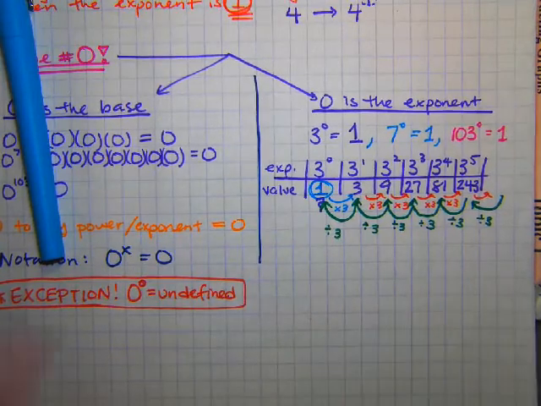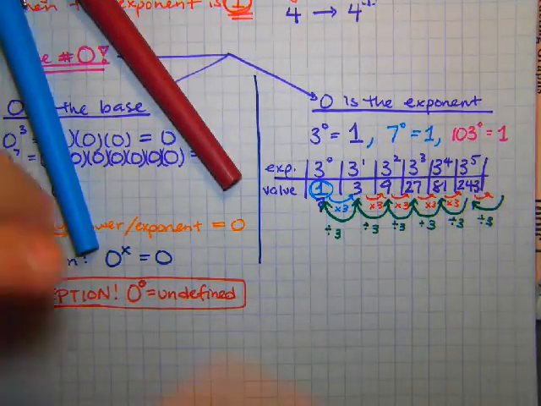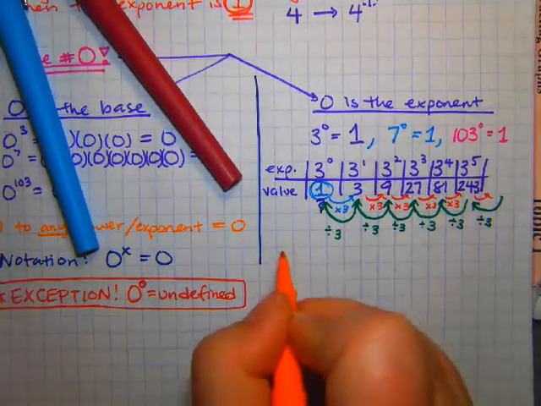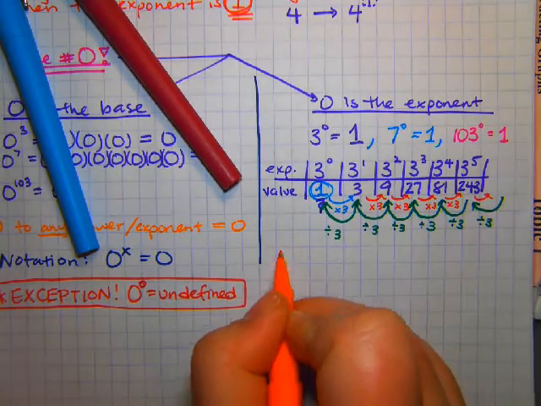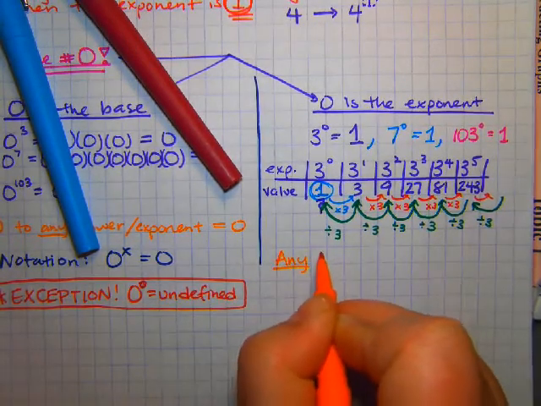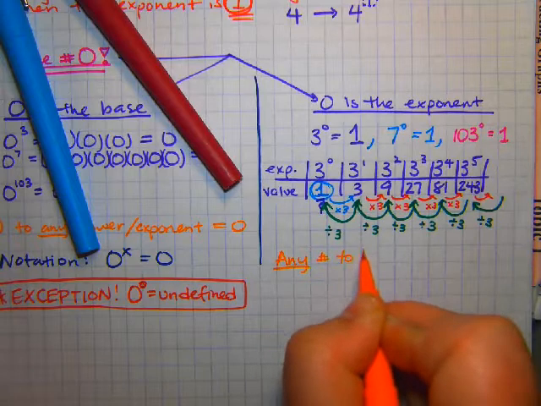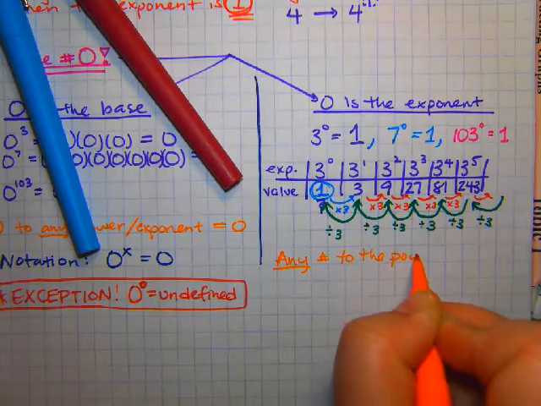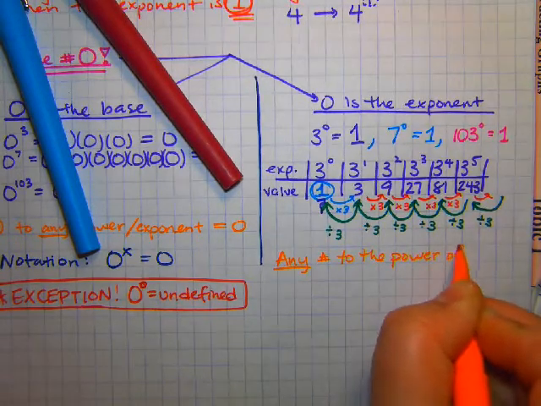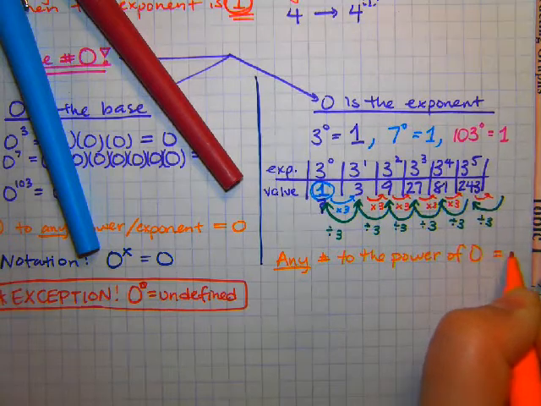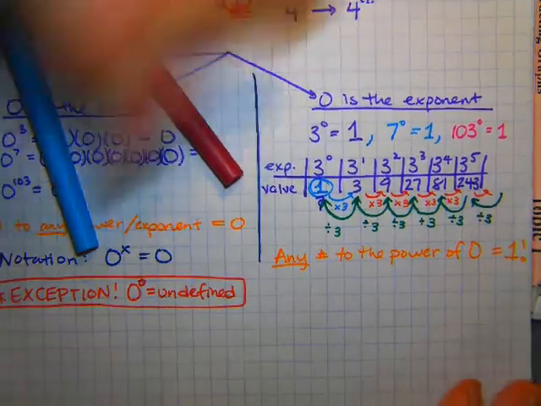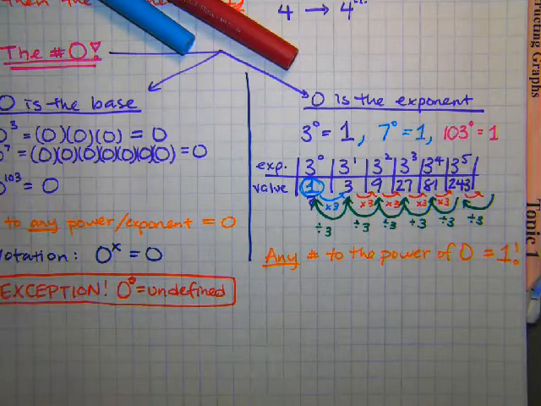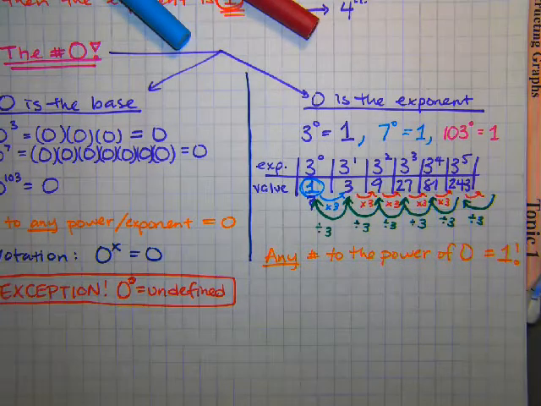Okay, so the punchline here is that any number to the power of 0 equals 1. Okay, any number to the power of 0 equals 1.